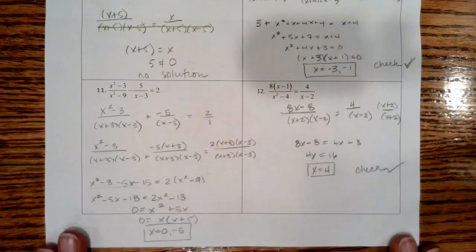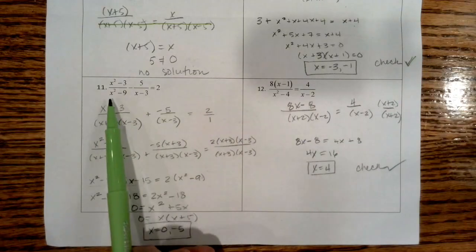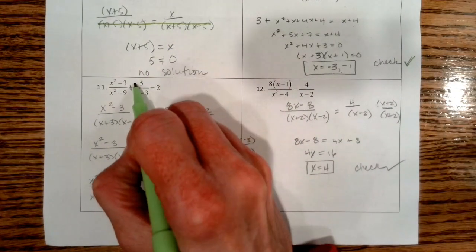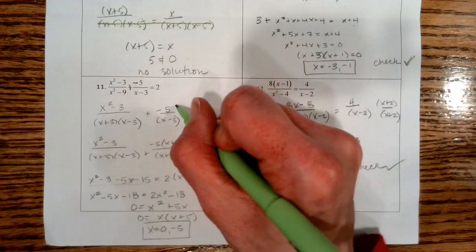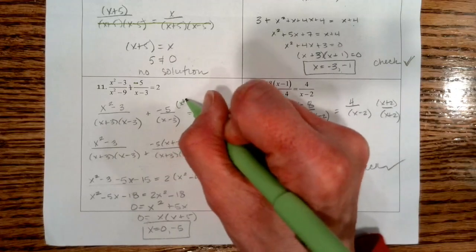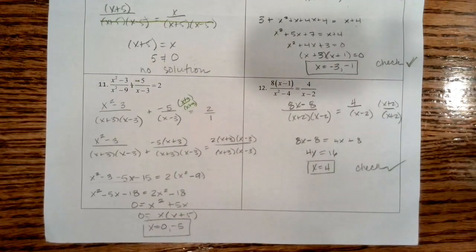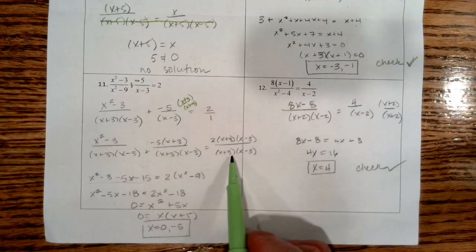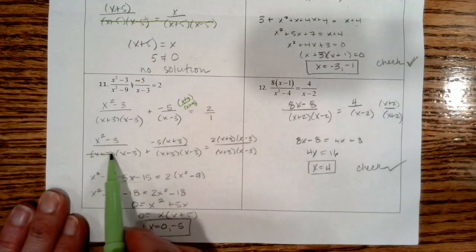All right, here's number 11. Factor. I went ahead and added the opposite, protecting that negative, giving this fraction an x plus 3 over x plus 3. Look at this fraction. He needs both. He needs an x plus 3 and an x minus 3 before I can cross that off.